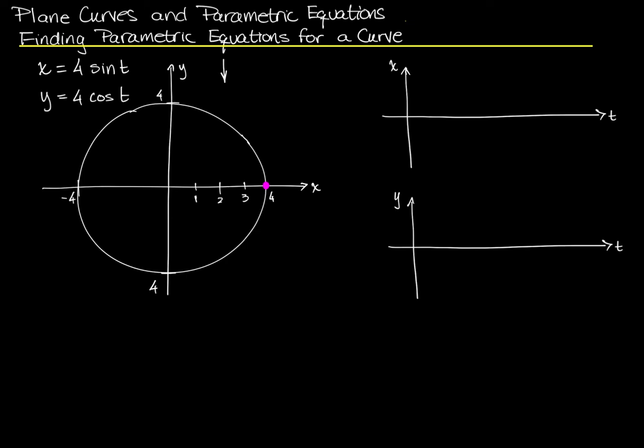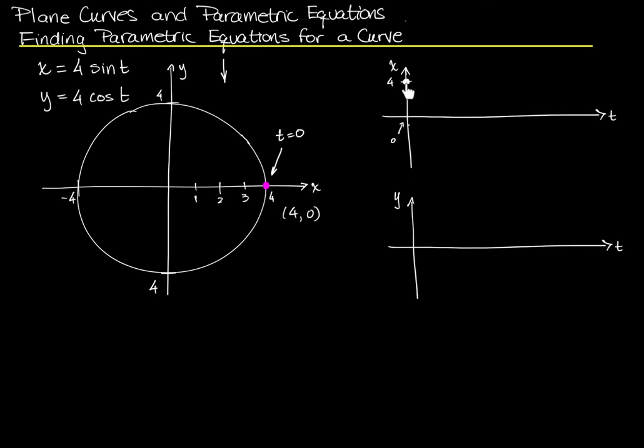So I'm going to start by saying this is my t equals 0. The coordinates of that point are 4, 0. So when I graph x in terms of time, what I'll be saying is that at time 0, x is 4. For this graph, t equals 0 and x equals 4. So I have a point there.